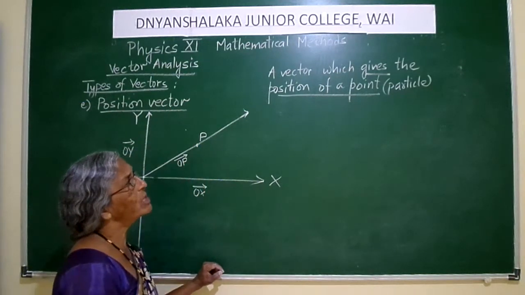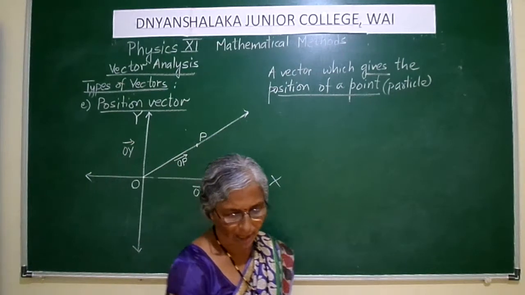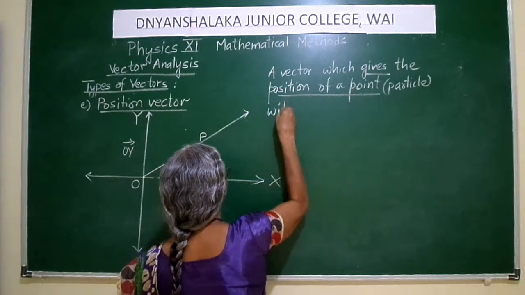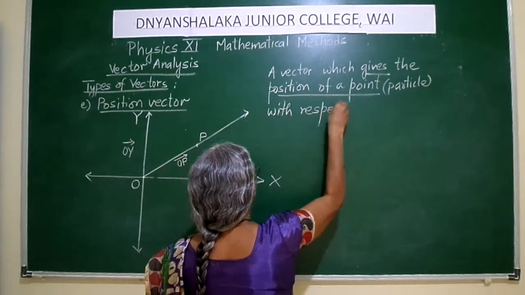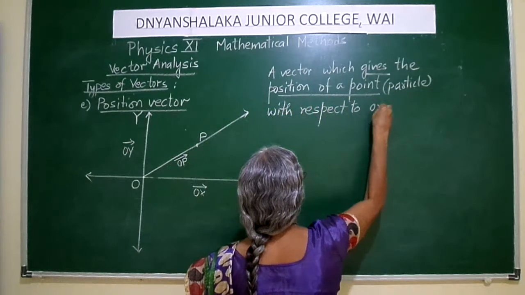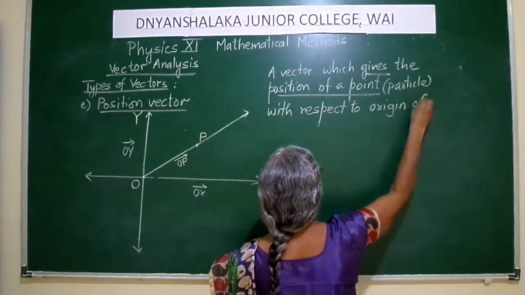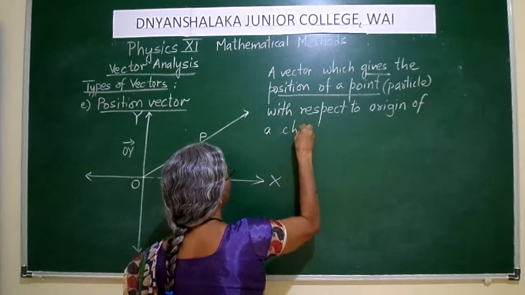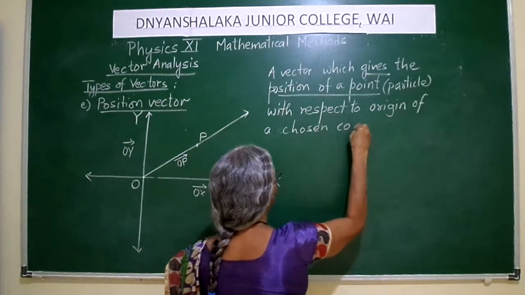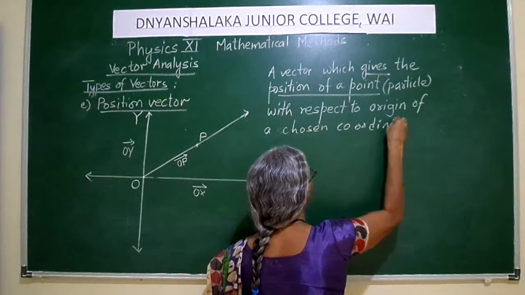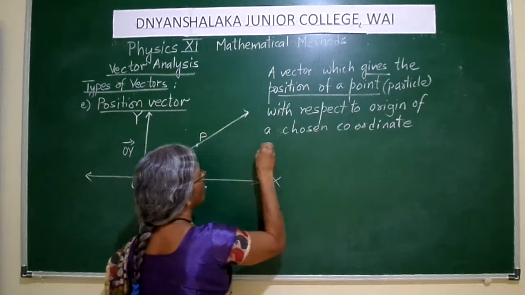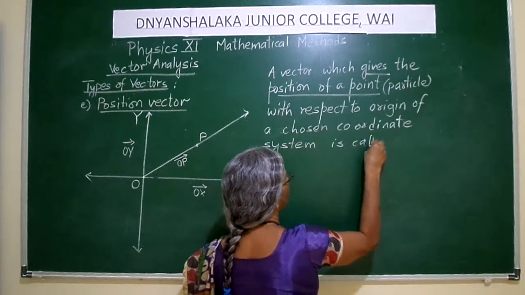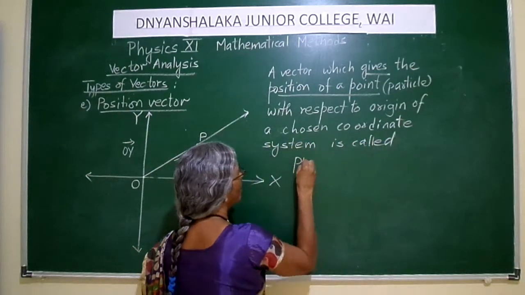So a vector which gives the position of a point, that is a particle, with respect to origin of a selected or a chosen coordinate system is called, what is it called?